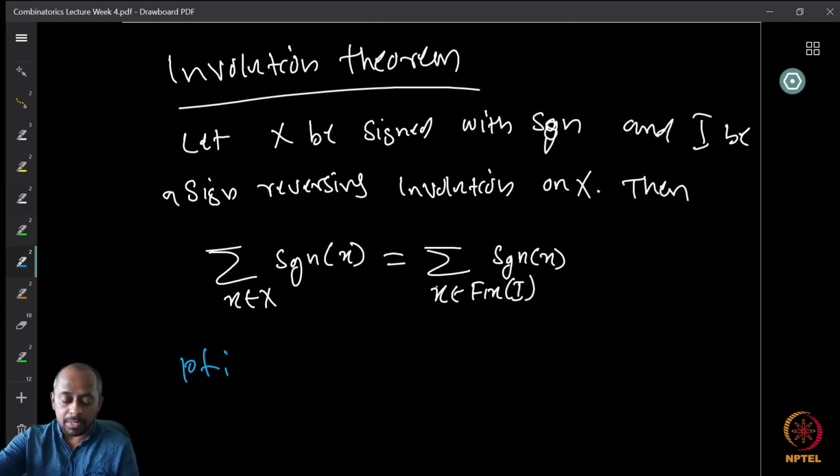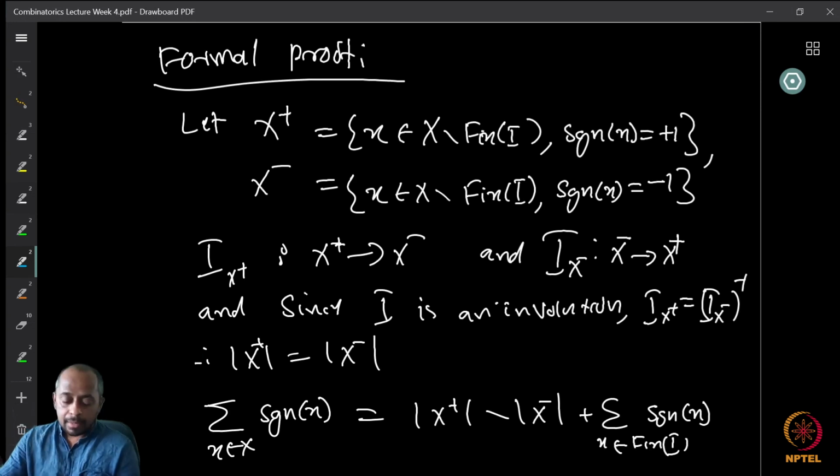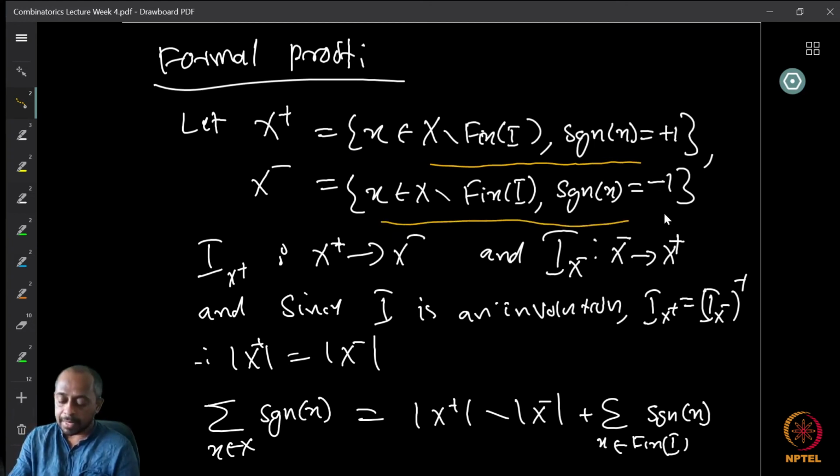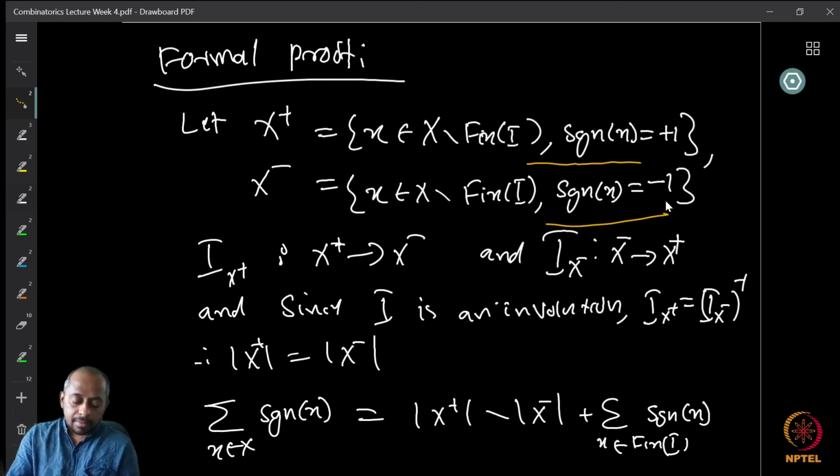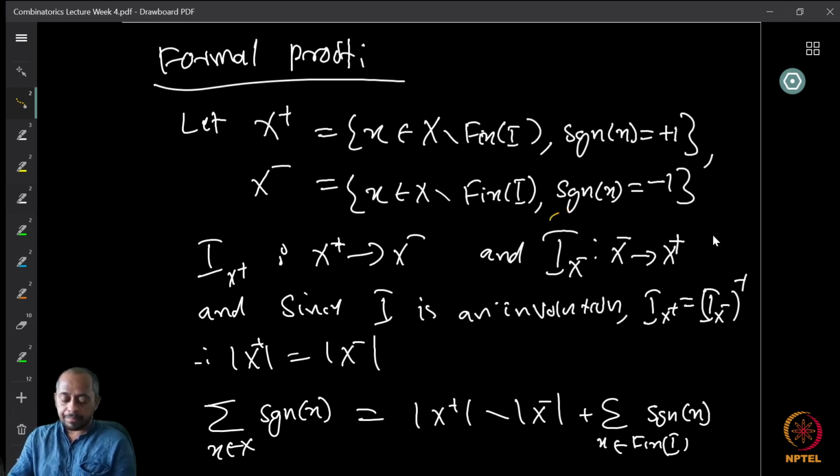Now if you want to formally prove this, we can also do that, just by defining these things. Let's say that X plus is the set of all elements not fixed by I whose sign is plus 1. X minus is those elements not fixed by I whose sign is minus 1. Then the involution I restricted to X plus takes X plus to X minus, and the involution restricted to X minus takes X minus to X plus.